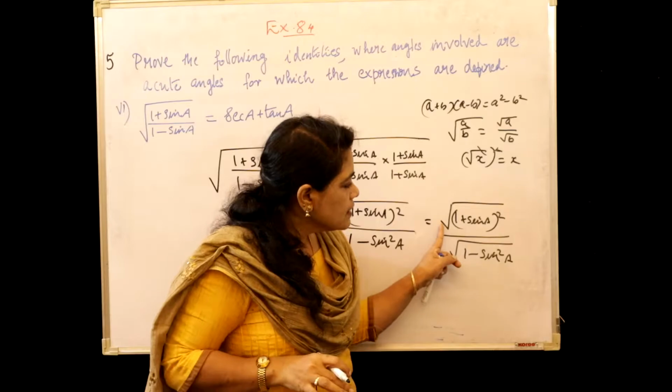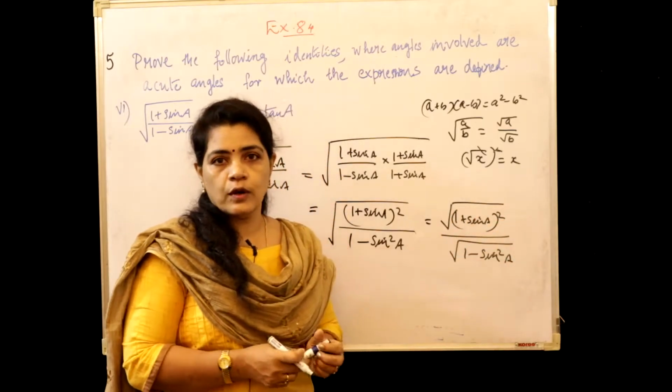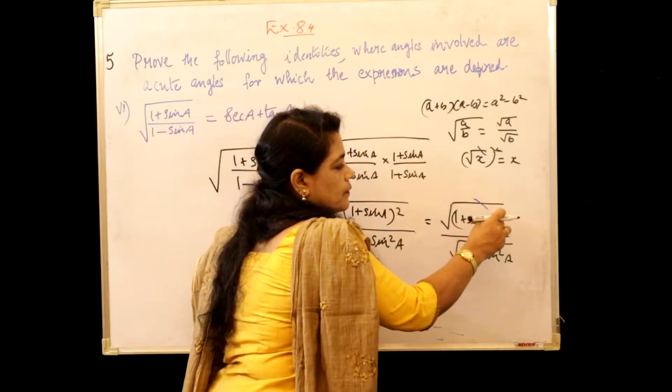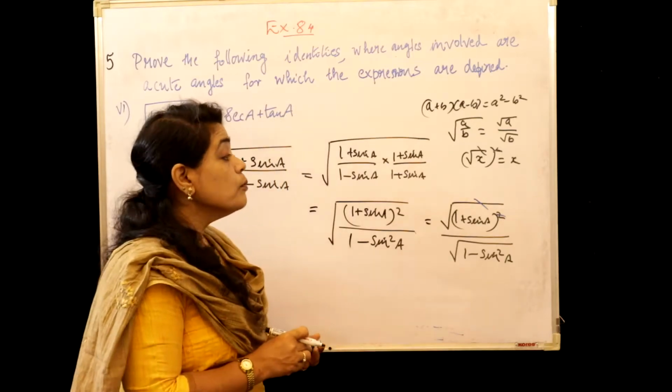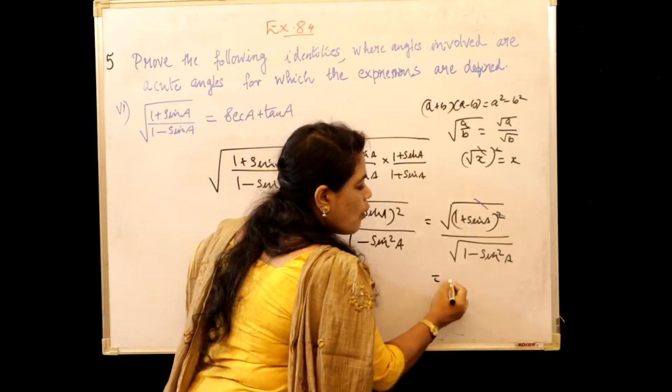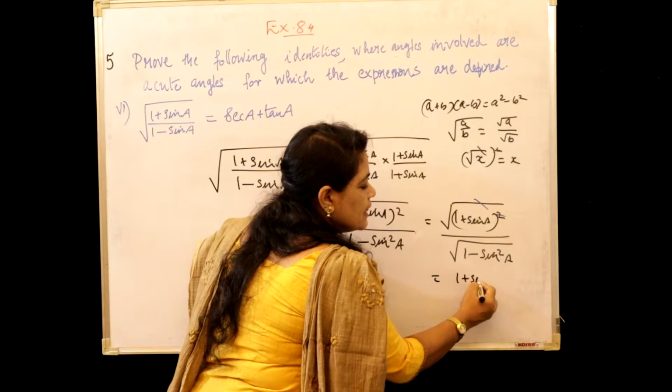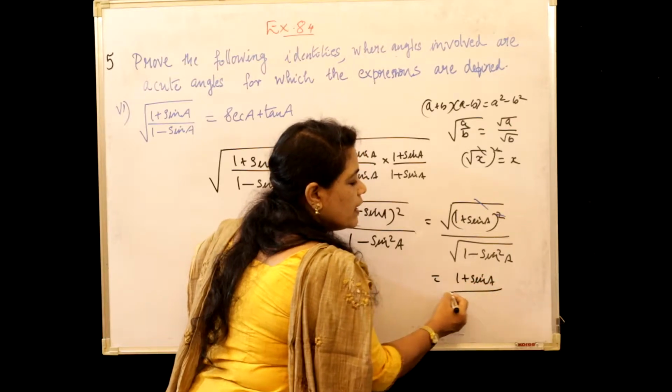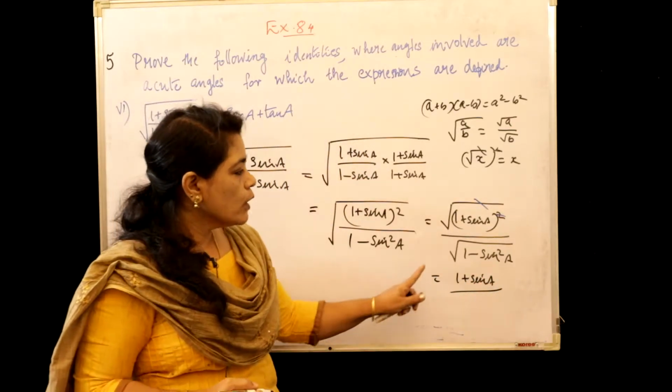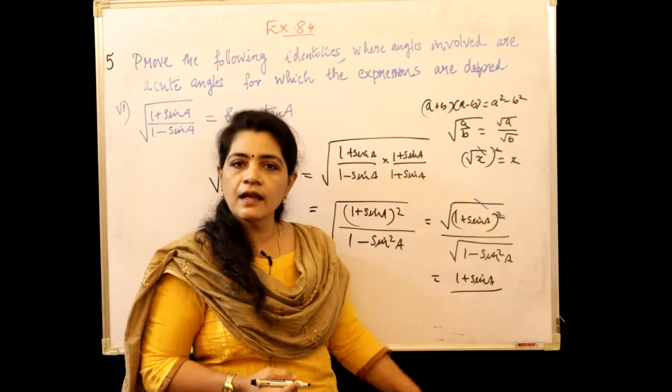The same way, this square root and square get cancelled. That means in the numerator it is reduced to the form 1 plus sin a, divided by. See, what is 1 minus sin square a?